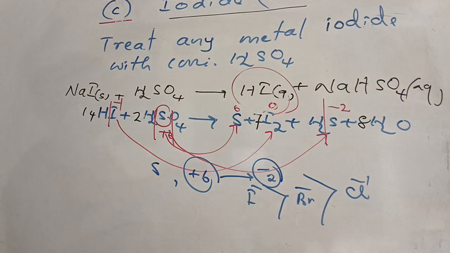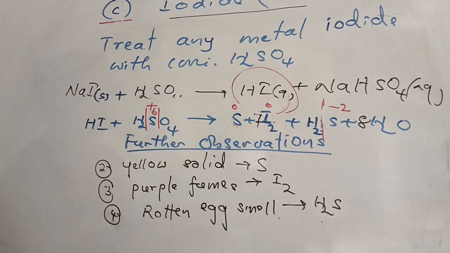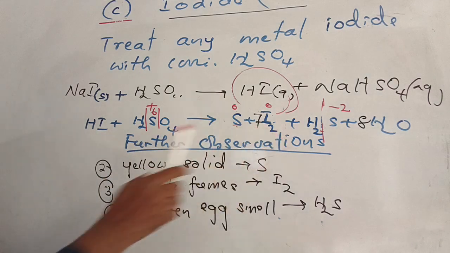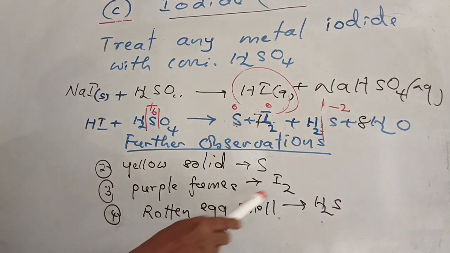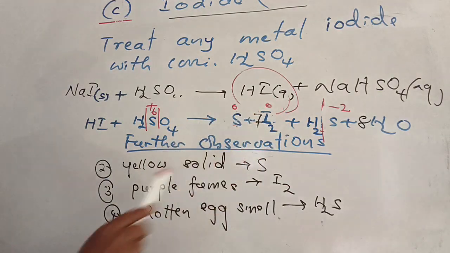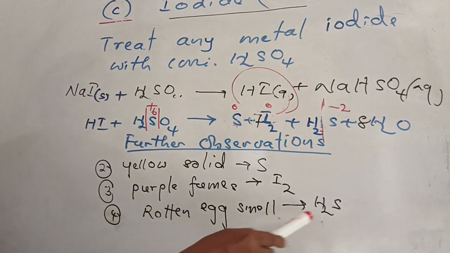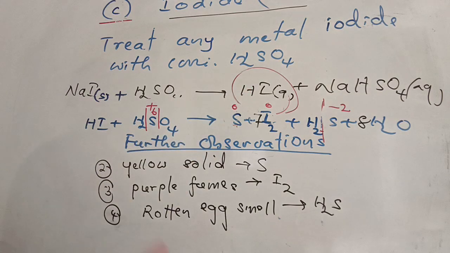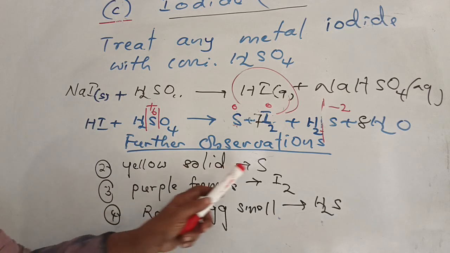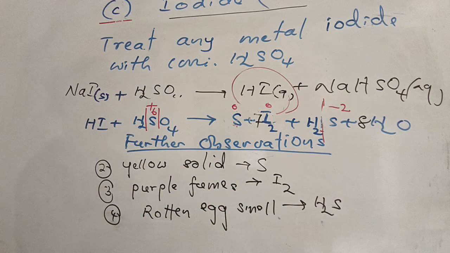We can list the further observations: yellow solid due to solid sulfur, purple fumes due to iodine being produced, and rotten egg smell due to hydrogen sulfide gas. Apart from the steamy white fumes, three more observations can be made: the yellow solid, purple fumes, and rotten egg smell.